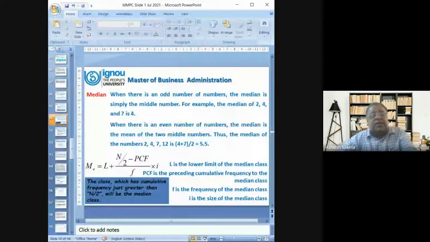In that case, this median formula will be used in calculating percentile and decile. Only one value is going to change. Rest everything will remain the same. You can see the formula of median, that is Me is equal to L plus N by 2 minus PCF, or you can write CF, upon F into I.